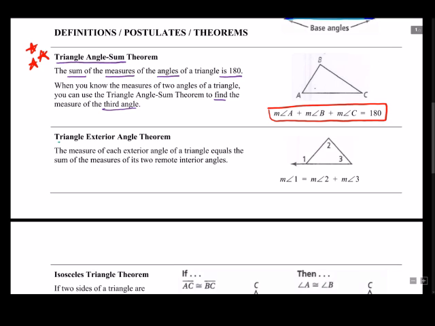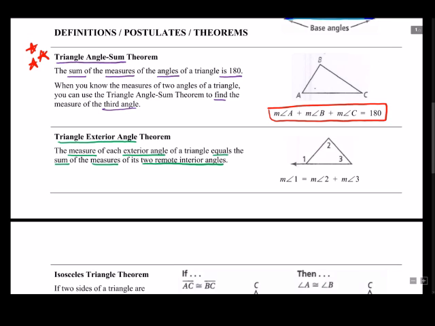And here is our triangle exterior angle theorem. And this is what we were looking at before. The measure of each exterior angle of a triangle equals the sum of the measures of the two remote interior angles. So we extend our side, we create an exterior angle, angle 1, and the angles that are not near it, the remote means far away.